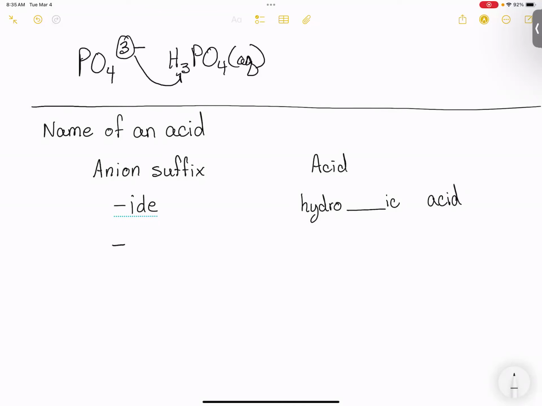If the suffix is ATE of the anion, then it is simply going to get an ic acid. And if the suffix is an ITE, then it is going to get the suffix us acid.